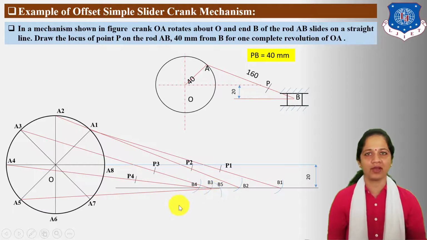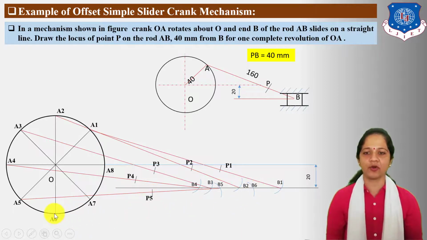Connect A5 B5 and locate P5 on connecting rod. Distance from B5 is 4 cm. Similarly, find out B6 from A6, connect A6 B6 and on A6 B6 connecting rod, locate P6 locus at distance 4 cm from B6.